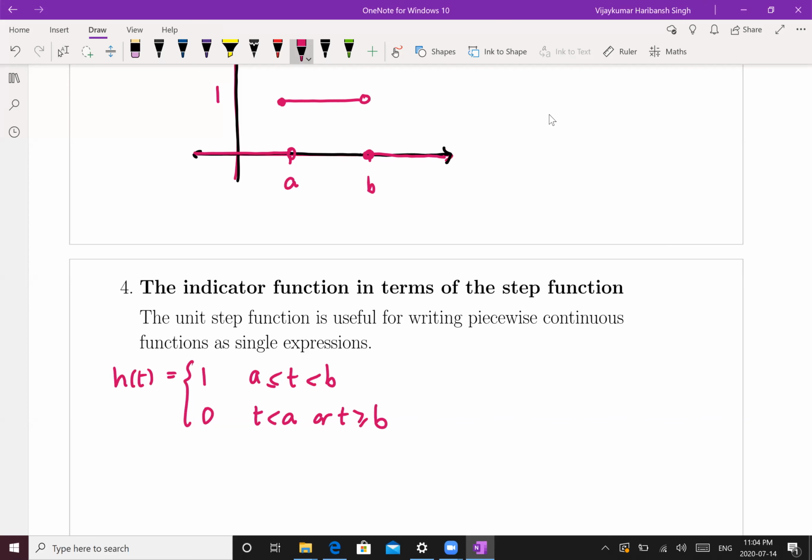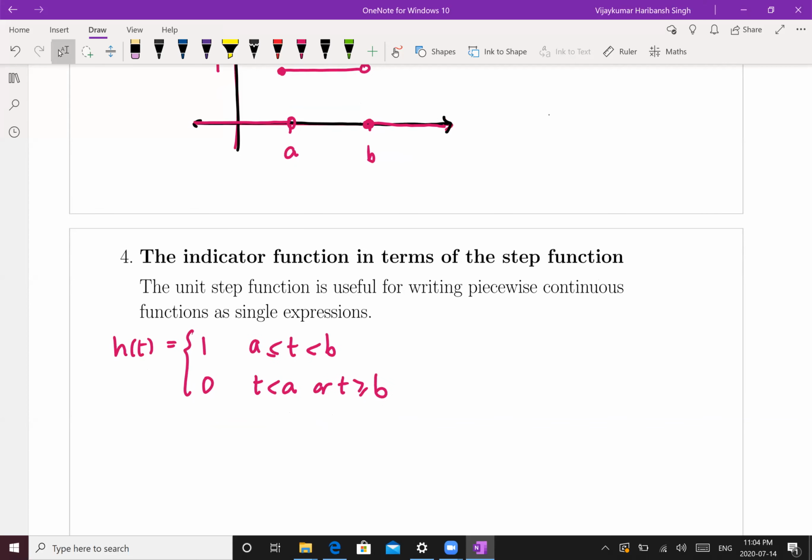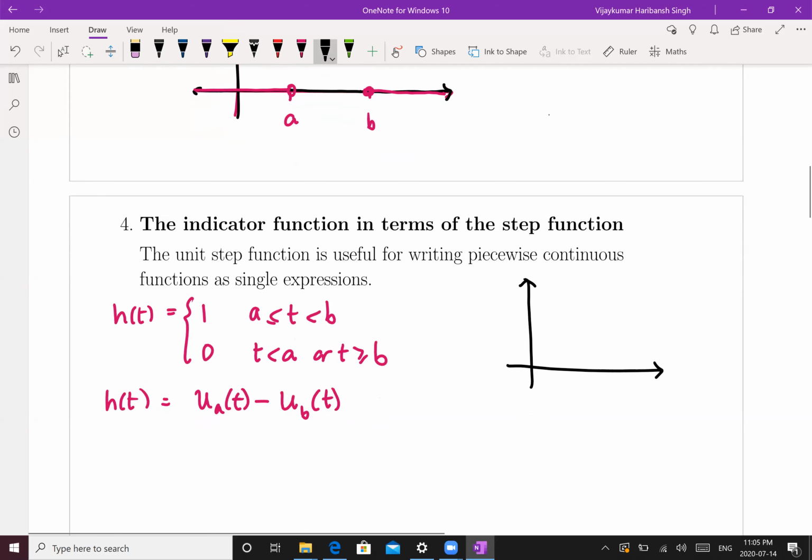Note that you can write h of t equals u a minus u b of t. Let's see why. The first graph is u a, with a included. This is the graph of u a of t.